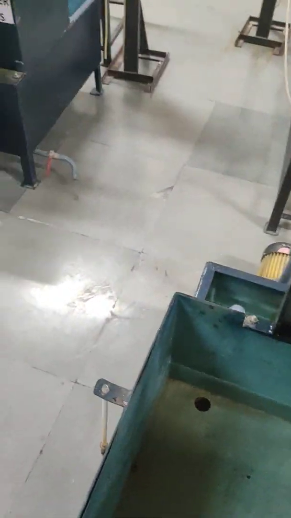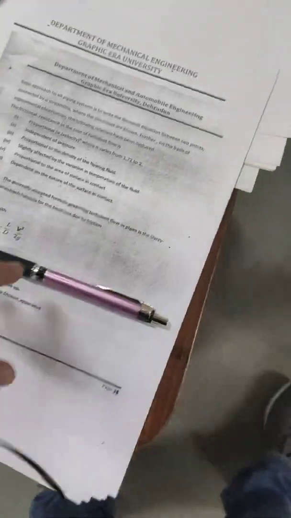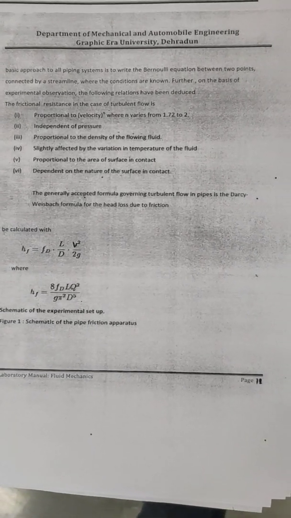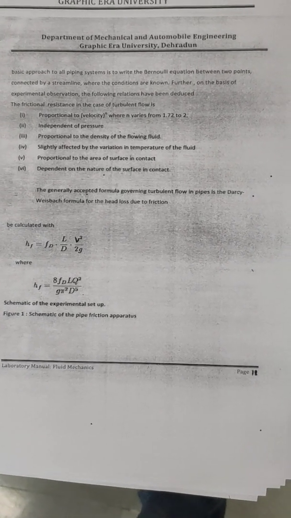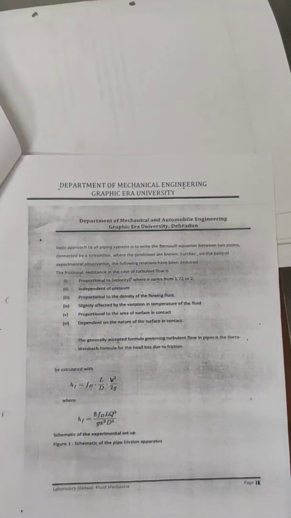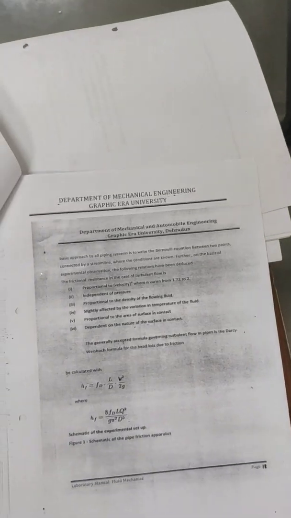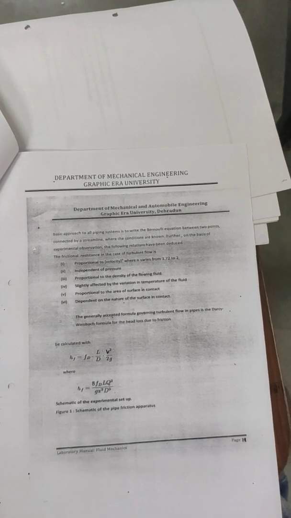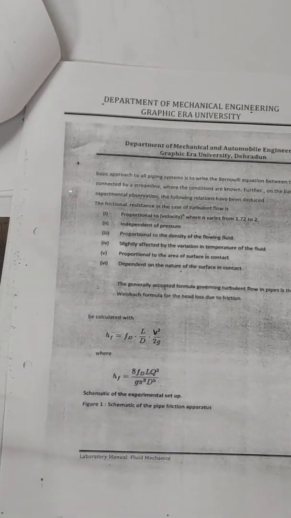With the help of that we can use the Darcy-Weisbach equation. Again from the equation we have to measure f. hf is measured from the U-tube manometer. L is the length of pipe corresponding to the 2 points; we have marked 2 points 200 centimeters apart, and inside these 2 points we are measuring the friction.